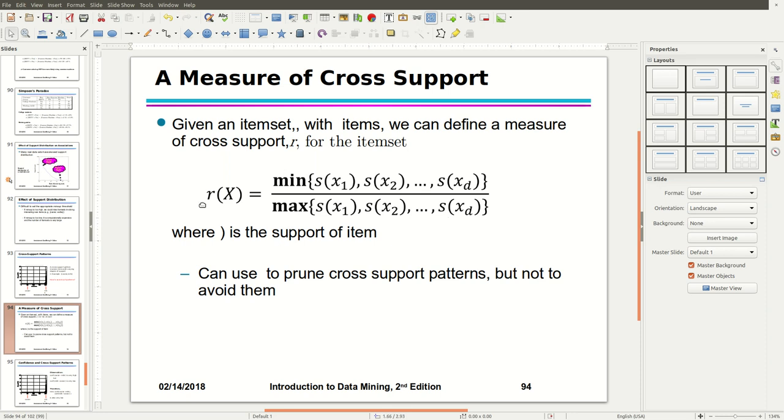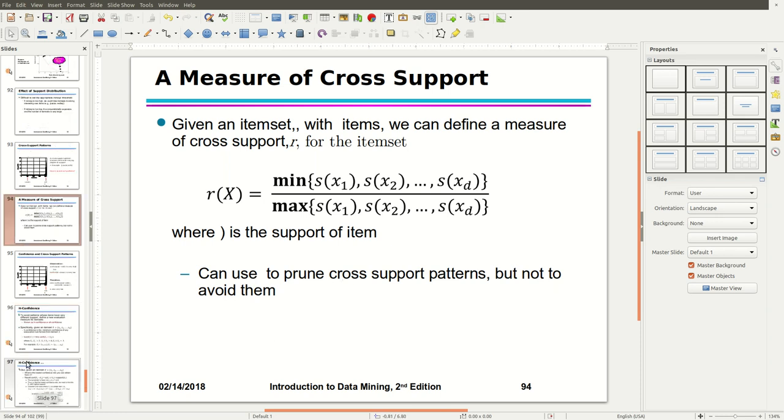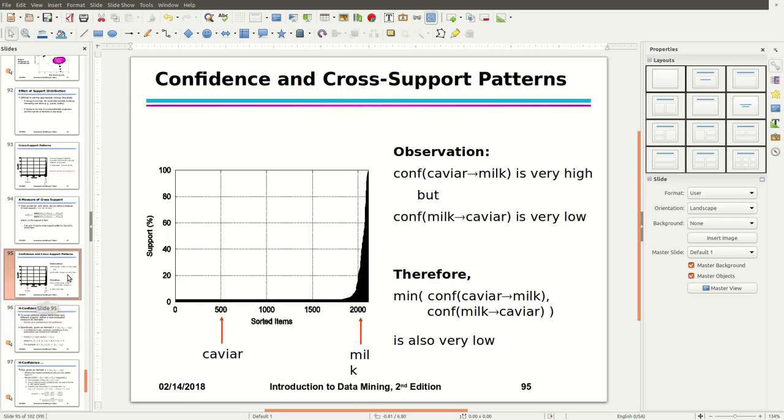We can use R to prune cross support patterns, but not to avoid them. For instance, we have this example with caviar and milk. Milk is sold very often, so it has really high support.